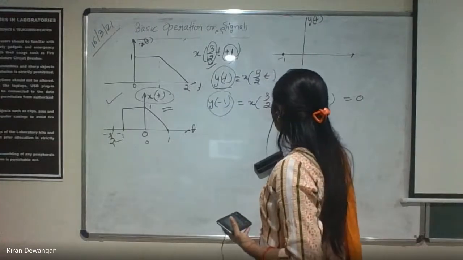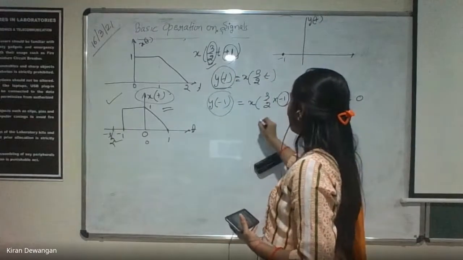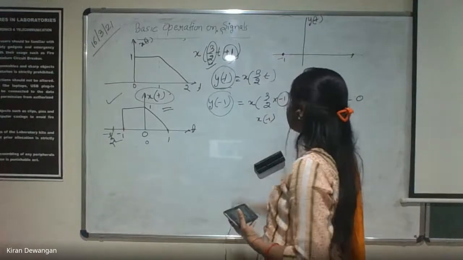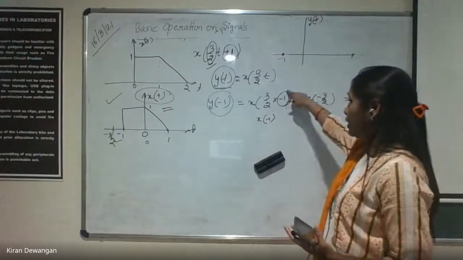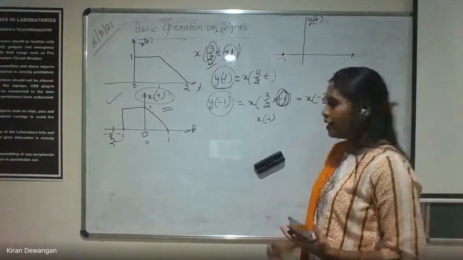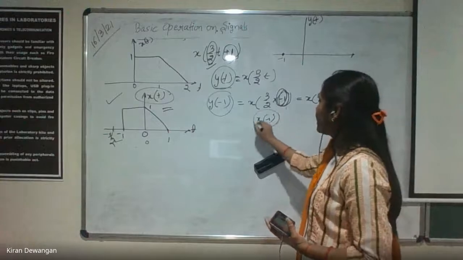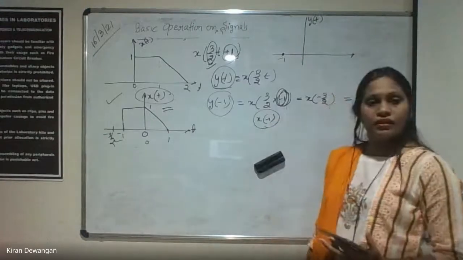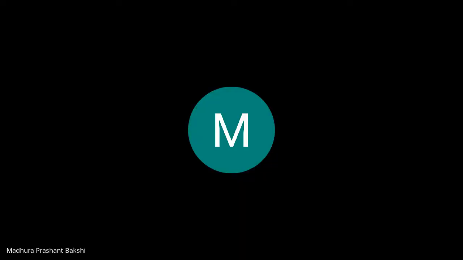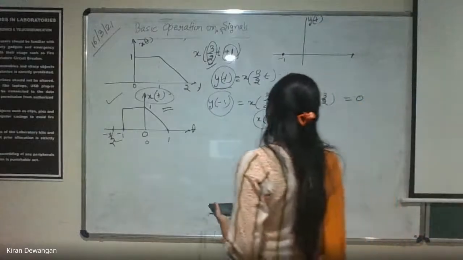At what point of t will I get x of -1? What is the value of t that I can keep so that I can get x of -1? It should be -2/3.